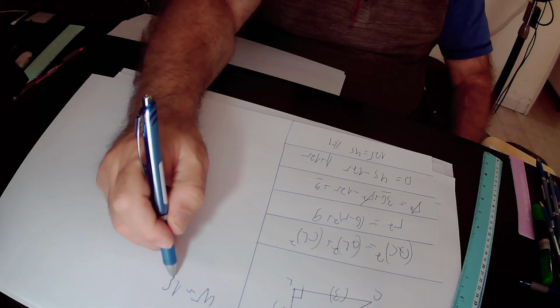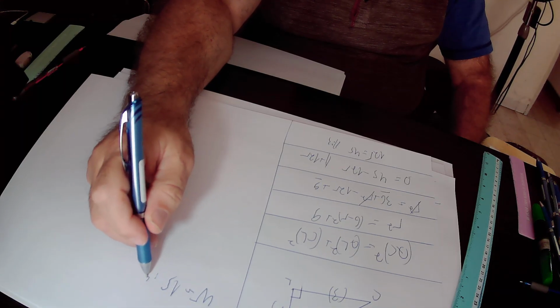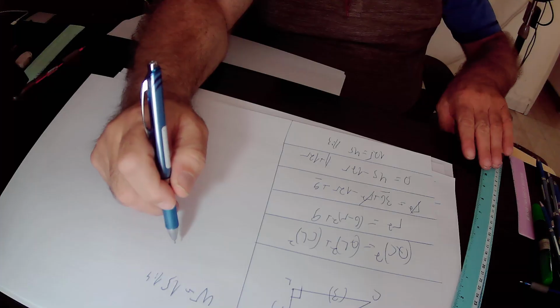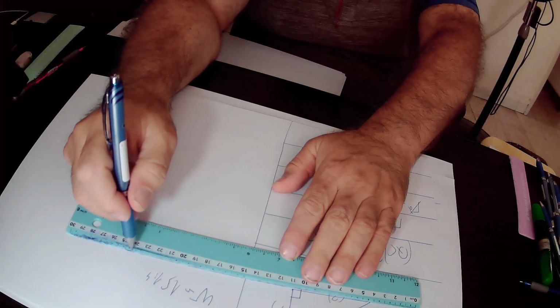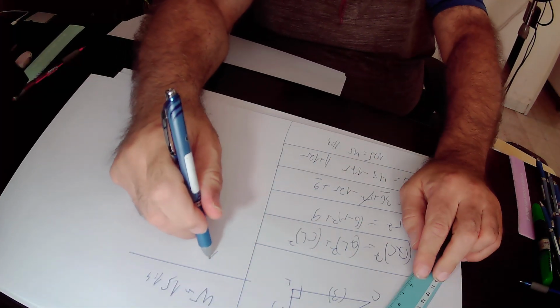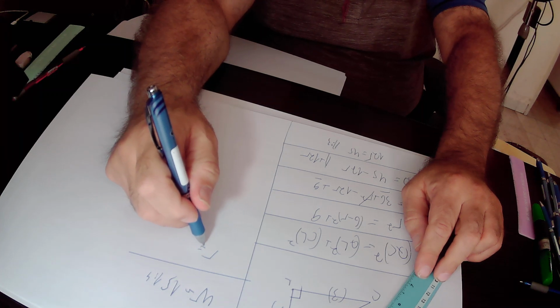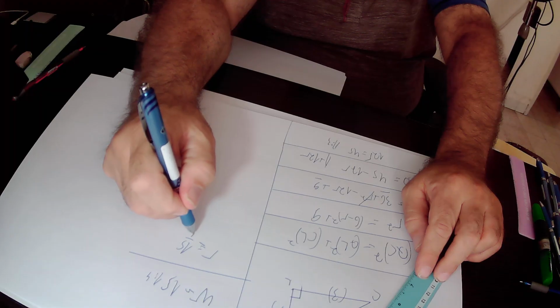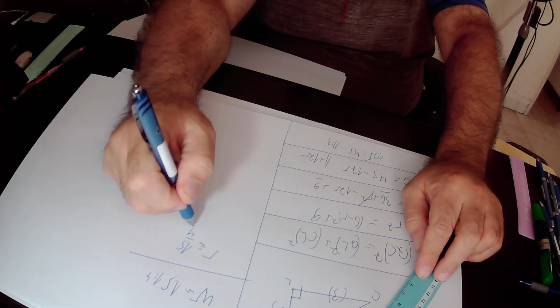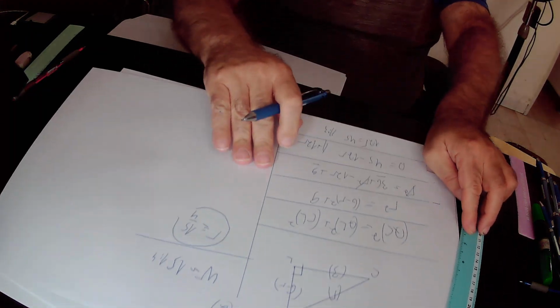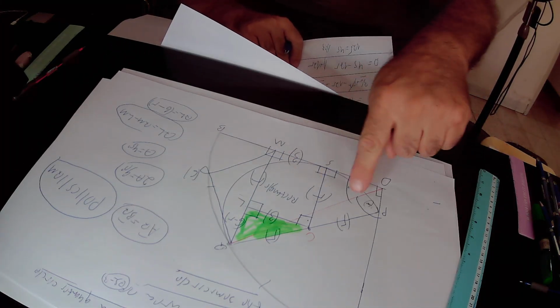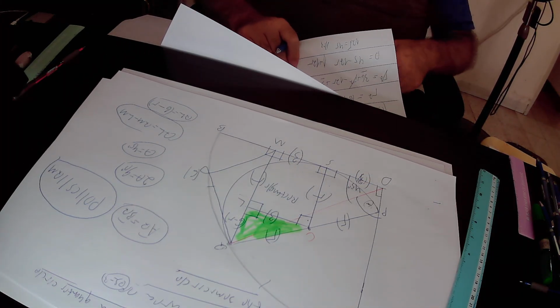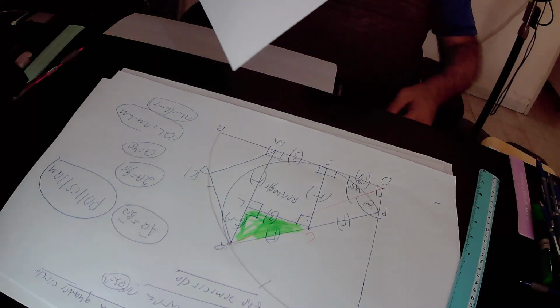So 4R equals 15, we divide this equation by 4. And finally we get that the radius R of the semicircle equals 15 over 4 units in its length.